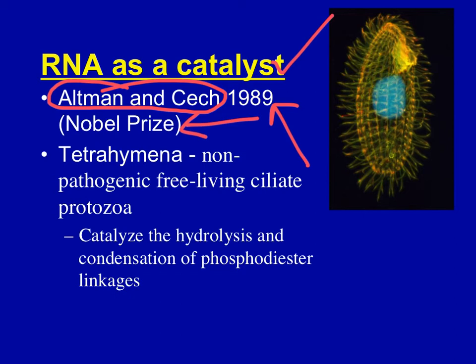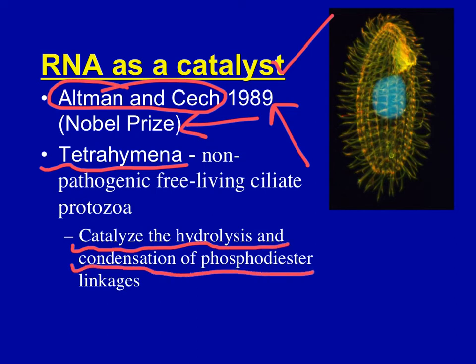What they did was they looked at a particular microorganism called Tetrahymena, a non-pathogenic, which means it doesn't make you sick, free-living ciliate protozoa. So this is a cell that lives in water, and it's able to catalyze the hydrolysis and condensation of a phosphodiester linkage. What does that mean?